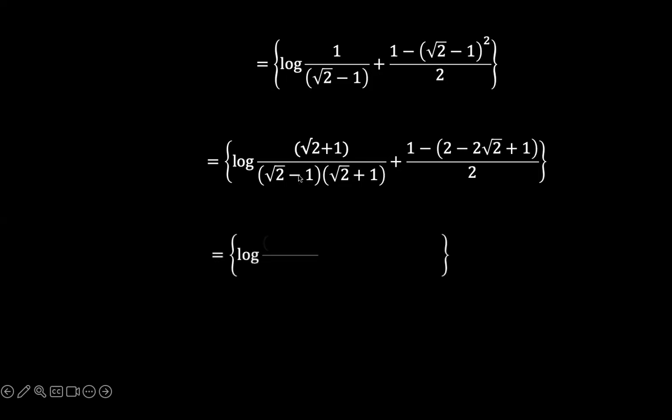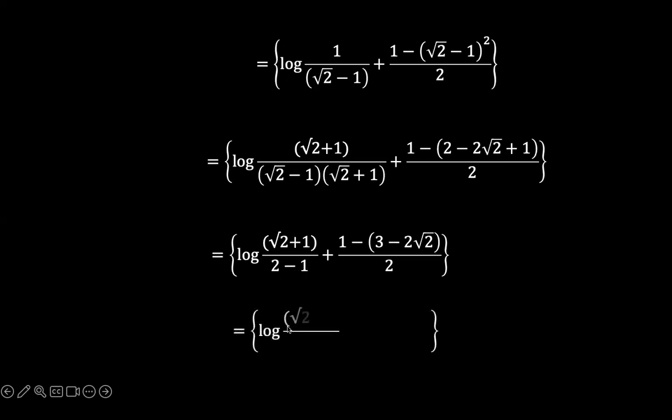So we have here, first of all, root 2 plus 1 under the log function, and then 2 squared minus 1. Because this is the multiplication of the difference and the sum, this is 2 minus 1, which is 1. So we have natural logarithm of root 2 plus 1. And then here 1 minus 3 is negative 2.